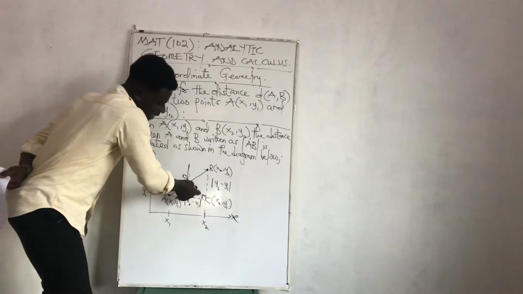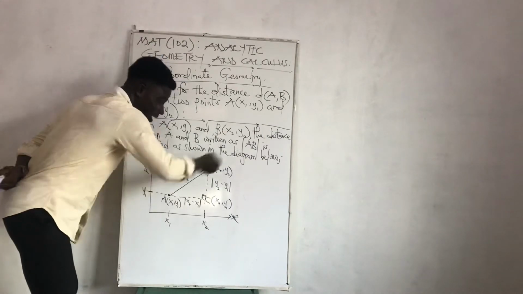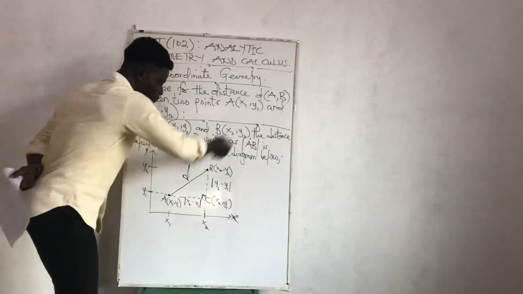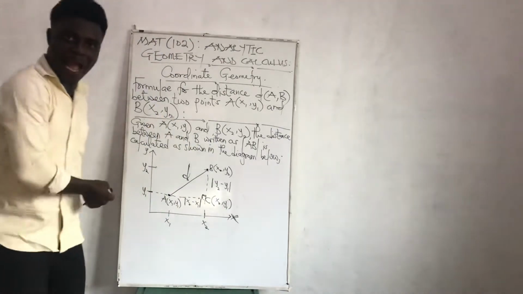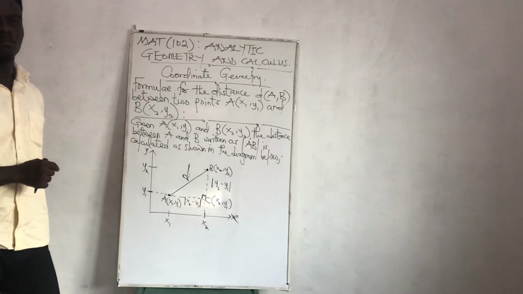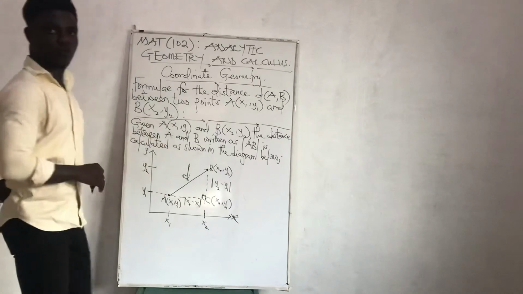If the 90 degrees is opposite to this side, then this side is the hypotenuse. Right? So you can use Pythagoras Theorem to find the distance. Very, very simple. You can use Pythagoras Theorem to find the distance.